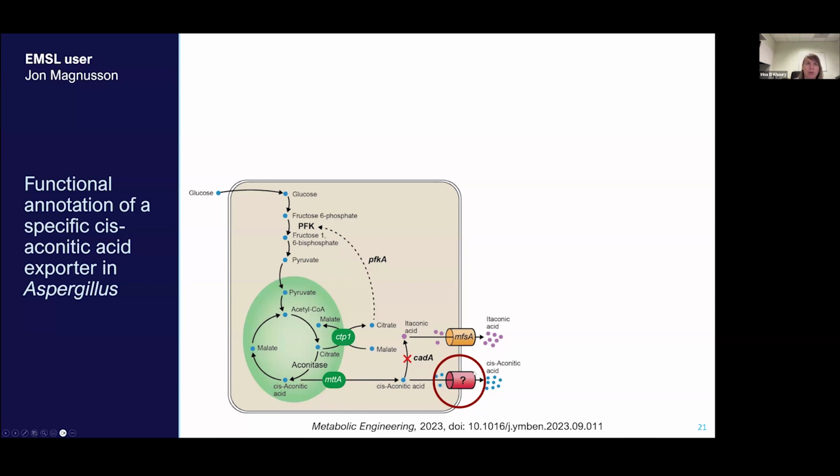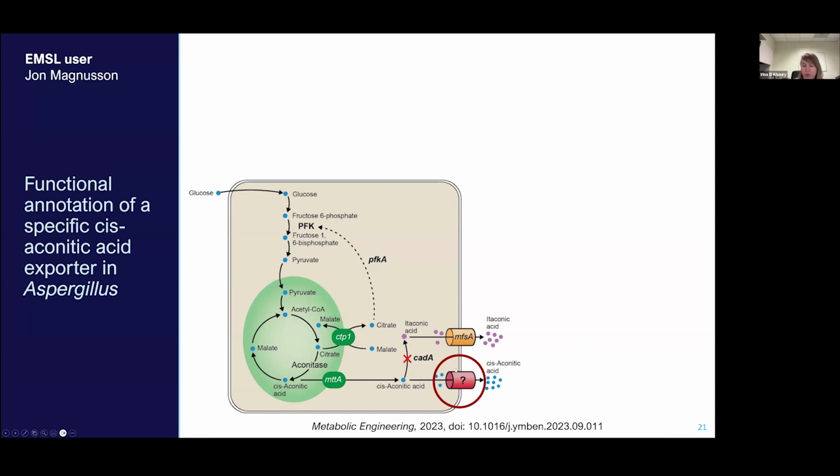It's a very valuable chemical that is attractive for its potential use in biodegradable polymers, surfactants, plasticizers, etc. What he did previously was compare global proteomics between wild type and this particular strain, which is lacking the CAD8 gene. And he found a putative membrane protein, which his team suspected might be a transporter of this cis-aconitic acid.